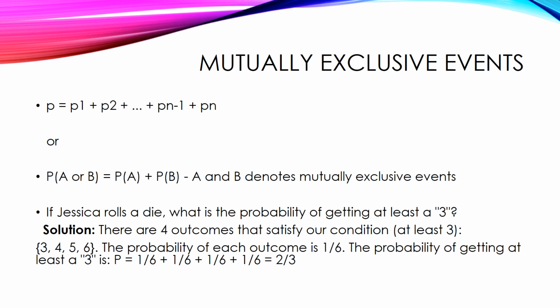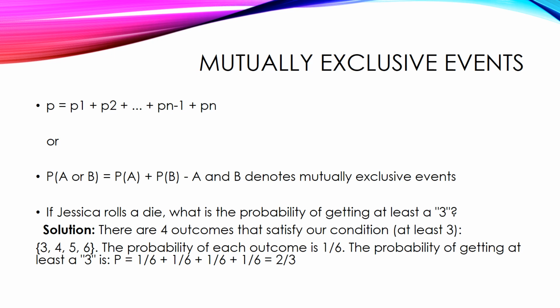Mutually exclusive events. Shakespeare's phrase, "to be or not to be, that is the question," is an example of two mutually exclusive events. Two events are mutually exclusive if they cannot occur at the same time. For n mutually exclusive events, the probability is the sum of all probabilities of events.